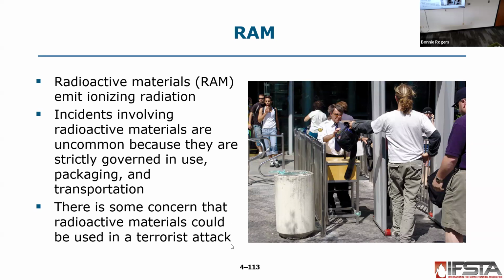There's always the concern of radioactive materials being used in what type of hazmat incident? What do we call it when hazardous materials are used as weapons? Weapons of mass destruction.